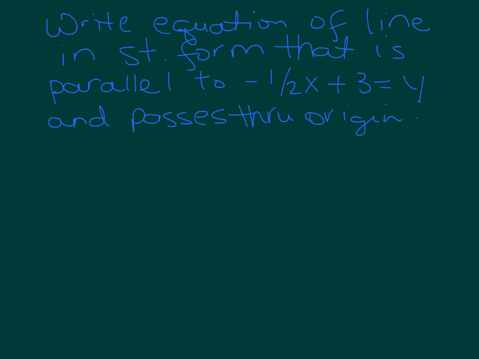Okay, this problem, we're going to write the equation of the line in standard form that is parallel to y equals -1/2 x plus 3, and it passes through the origin. So pause the video, try it, and then come back and watch me do it. Okay, so we want it to be parallel to this line. Well, that's already in slope-intercept form, which means the slope of this line is -1/2.